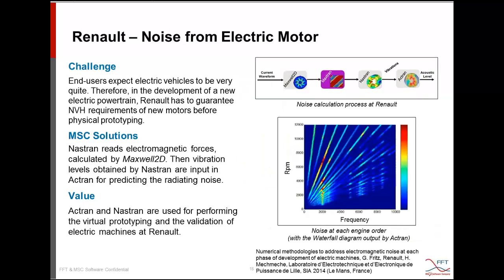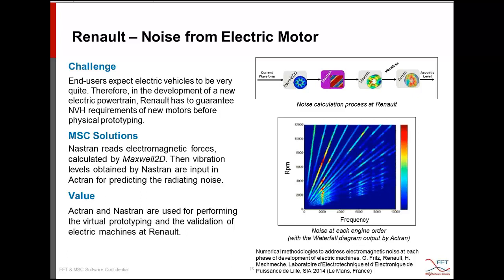The next case study comes from Renault. Renault has recently studied the noise emitted by an electric engine and has published its work at the last SAE conference in 2014. The fact is that noise and vibration requirements have to be guaranteed before the physical prototyping. Therefore, Renault has performed a virtual prototyping by using both Actran and Actran.